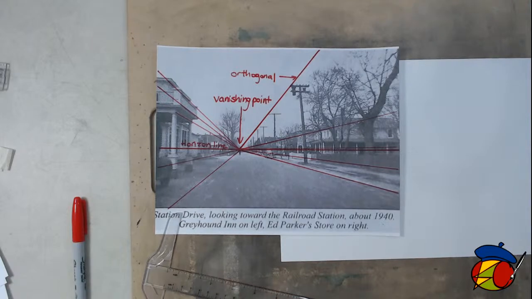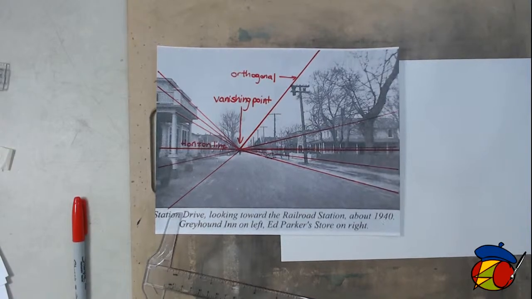How do you mark where those telephone poles need to be? There's a little trick. Yeah, the spacing gets smaller, and there's a little trick for you to get it exactly the way it should be. So, we'll get to that.